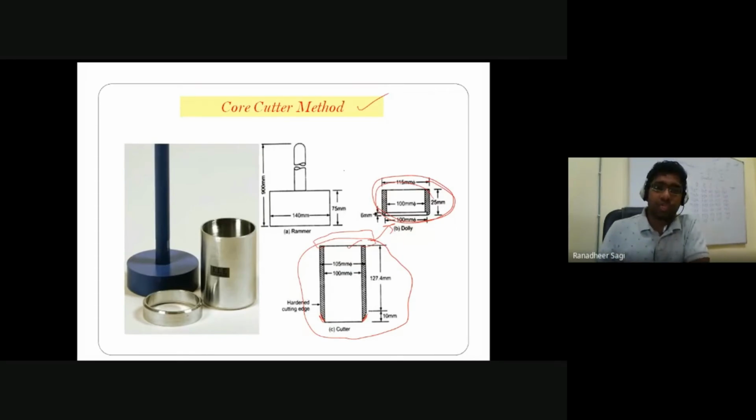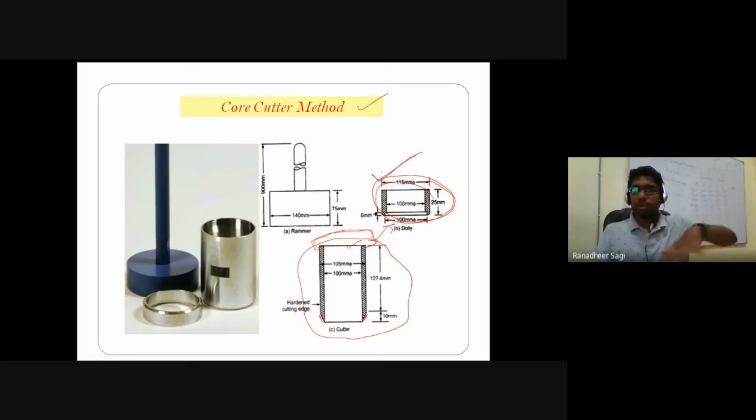Now, when I am pushing the tube from the top, I have to give some blows on top of the mold. Then only can the mold easily penetrate into the ground. In the process, when I hit the mold from the top, there is a possibility that the top edge of the mold gets damaged. So in order to protect the mold from failures because of the external load applied with the hammer, we pack the top of this hollow cylindrical mold with what is called a dolly.